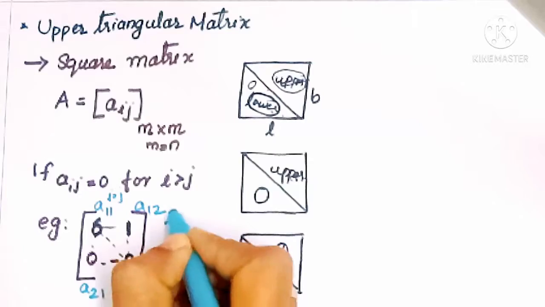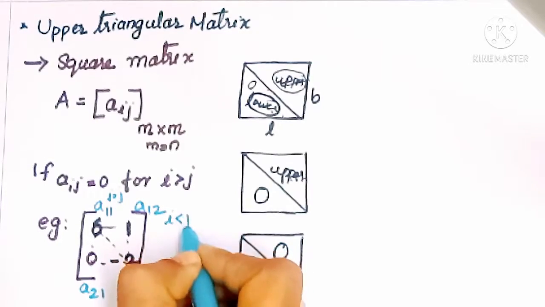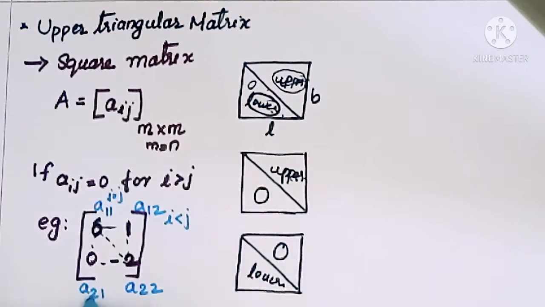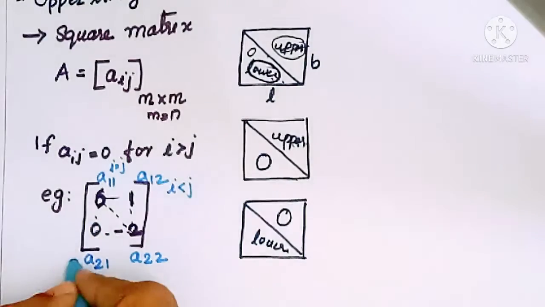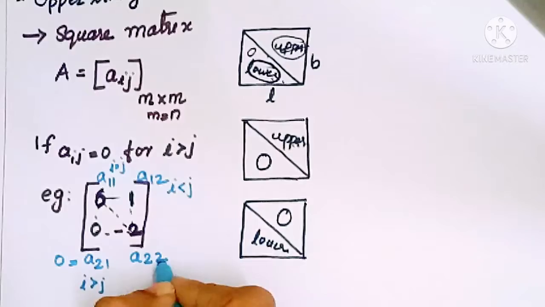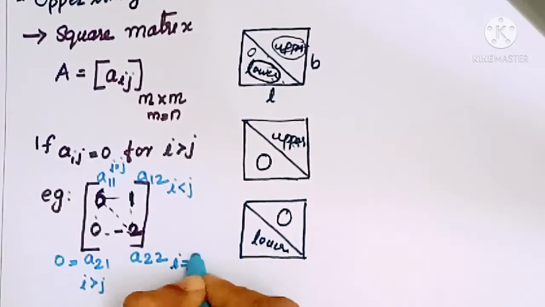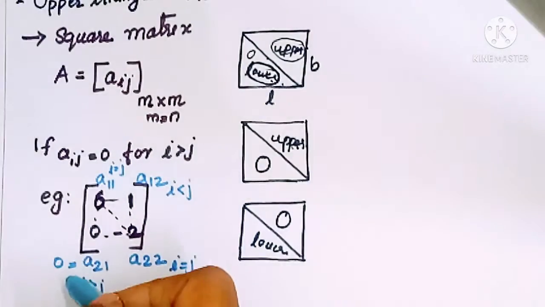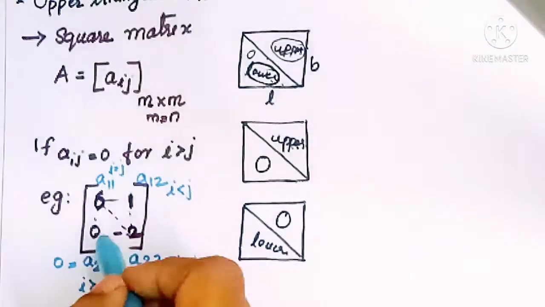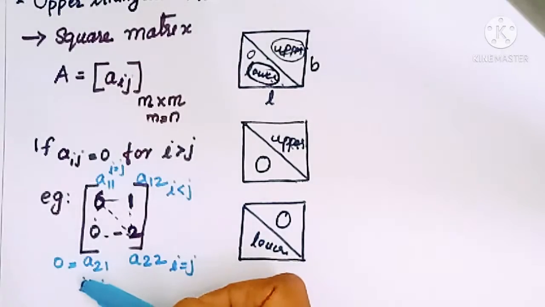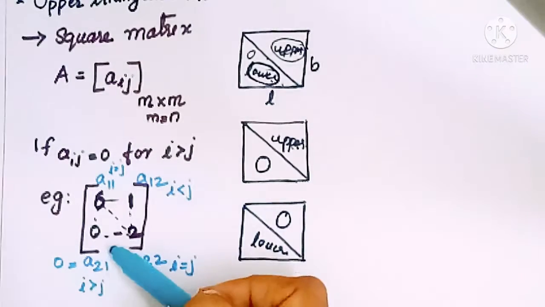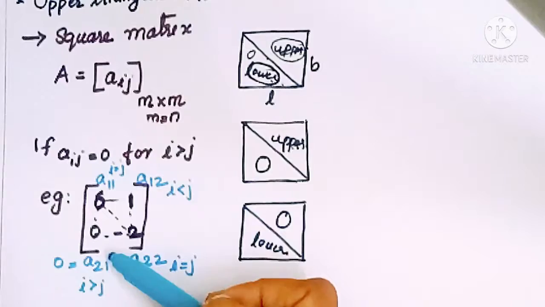For A12, i is less than j. For A21, i is greater than j, so this value becomes 0. For A22, i is equal to j. So this matrix satisfies the condition: when i is greater than j, that element becomes 0. So this is an example of an upper triangular matrix.